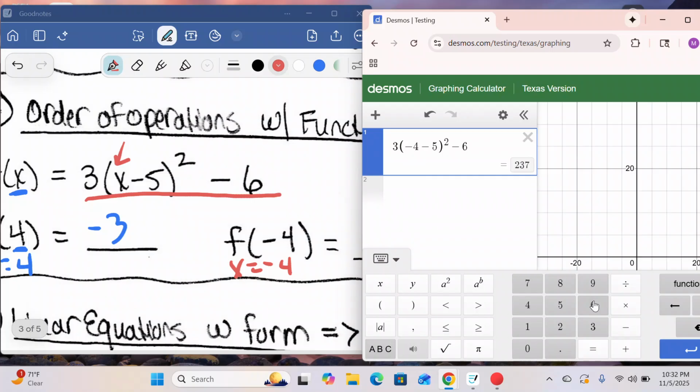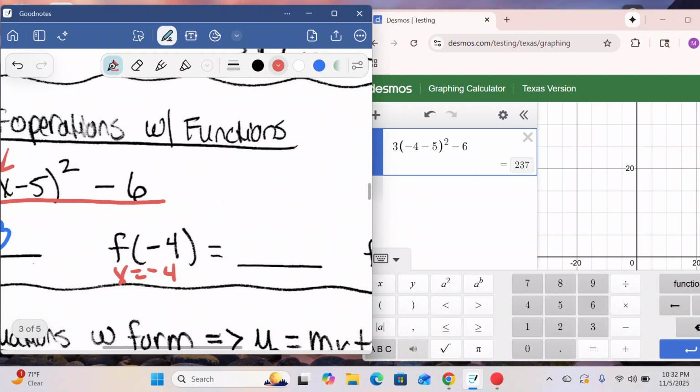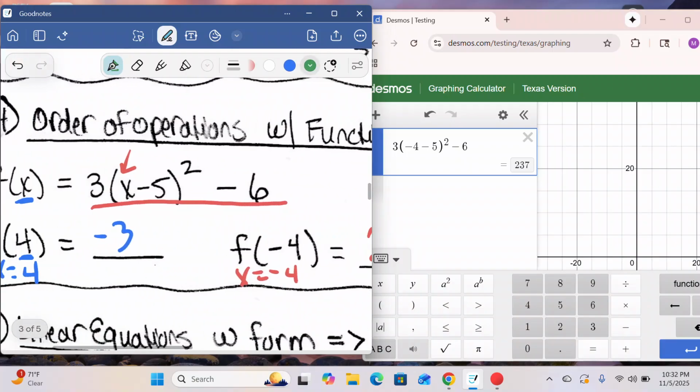We have 3 open parentheses, negative 4, minus 5, all raised to the square in the parentheses, minus 6, and the answer is 237. The key here is to let Desmos do the work for us. So every time you do the work, you let Desmos do the work for you.